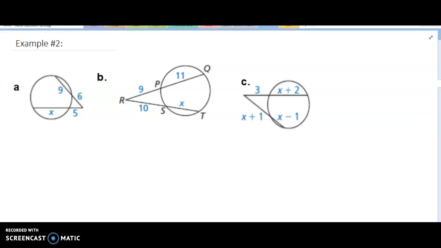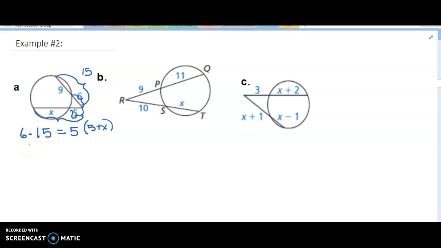All right, so let's do an example. Okay, so exterior is 6, so 6 times the entire is 6 plus 9, which is 15. So 6 times 15 equals exterior, 5, times the entire, which is just 5 plus x.